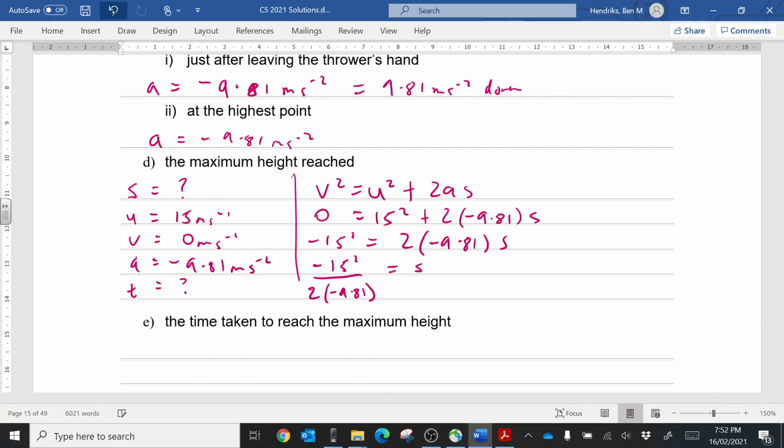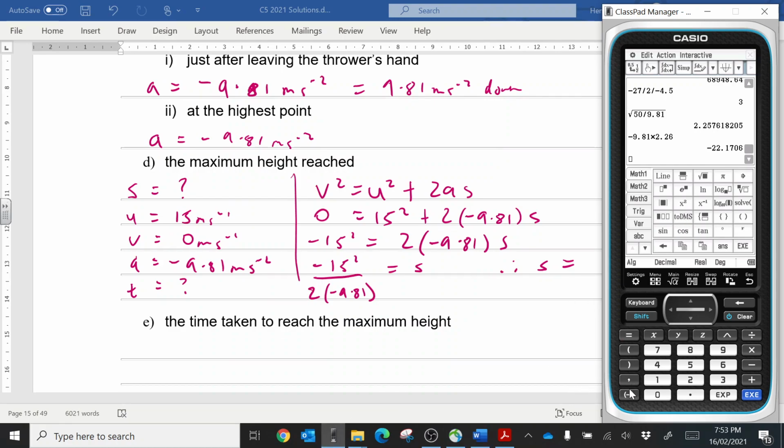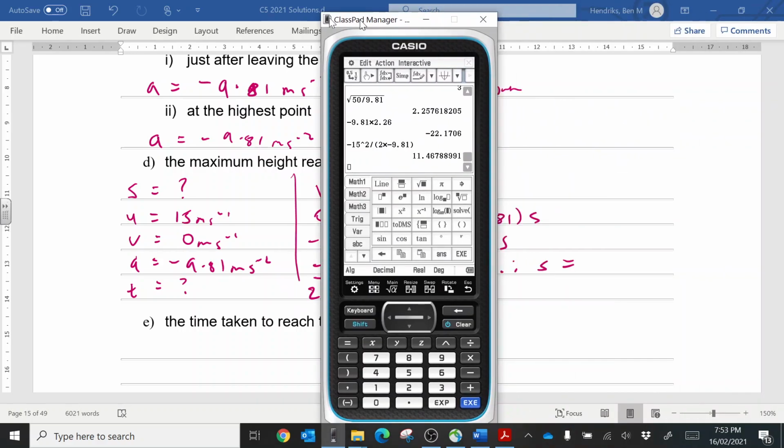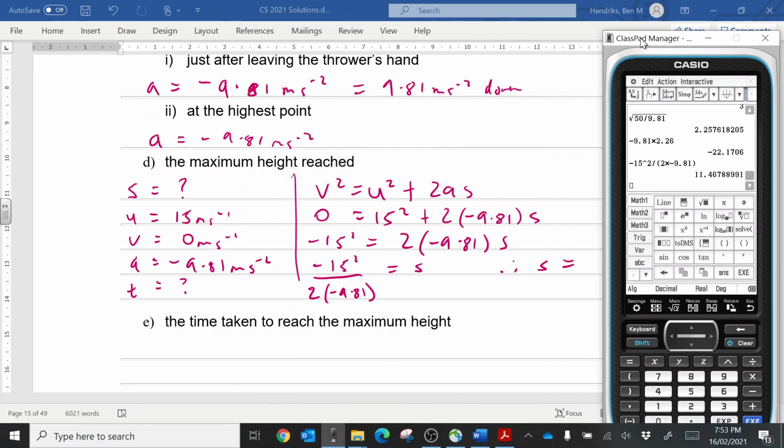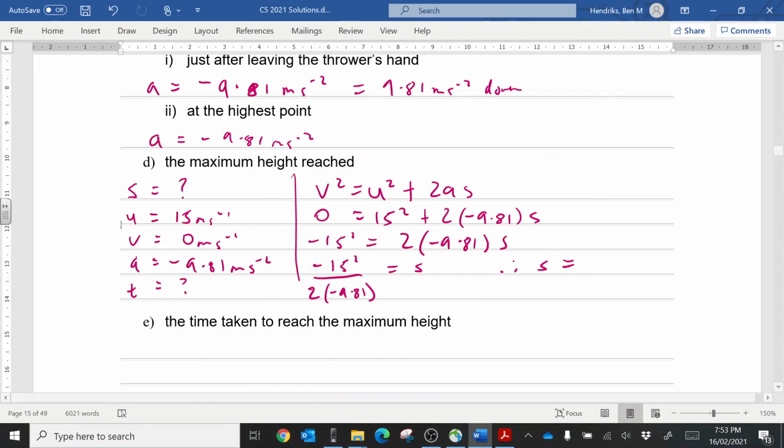So s equals, let's go negative 15, squared, divided by, I'm going to put in brackets, 2 times negative 9.81, and close bracket. So our total height is equal to 11.5. So yeah, 11.5 meters up.